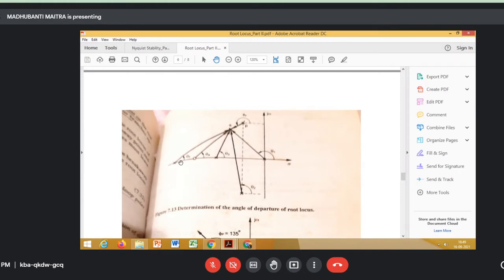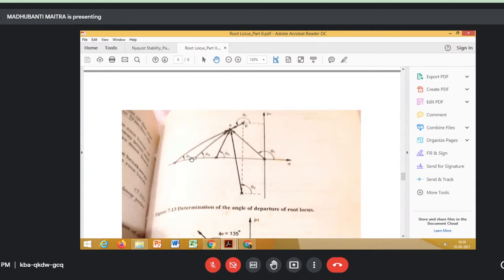Similarly, for the angle of arrival, this root branch will terminate onto this open loop zero as k tends to infinity. So the angle of arrival of this root branch at this real open loop zero will be 180 degree.